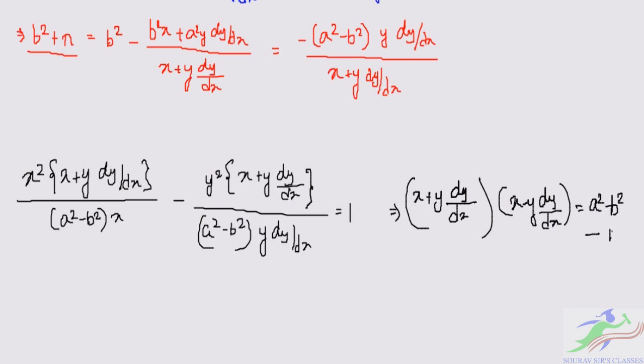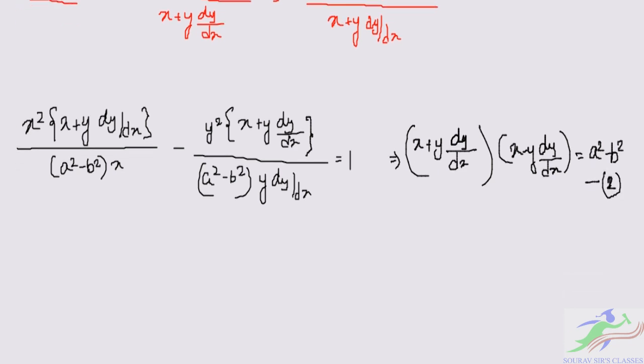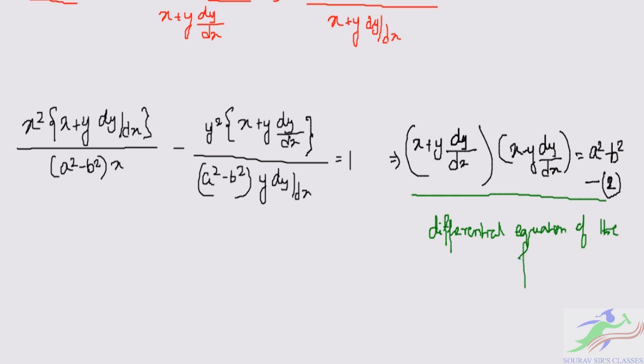We give this the name equation 2. This is the differential equation of the family, that is, from equation 1.